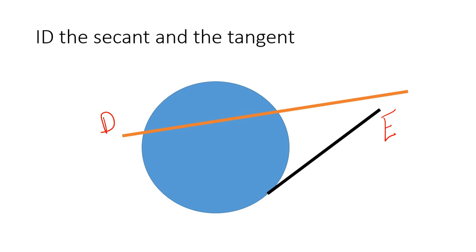Then which one would be the secant line? Hopefully you got these right. The E line would be considered the tangent line because as you see it's going on the outside and it only touches at 1 point, while D would be our secant line because it touches at both. So that's our secant and our tangents.